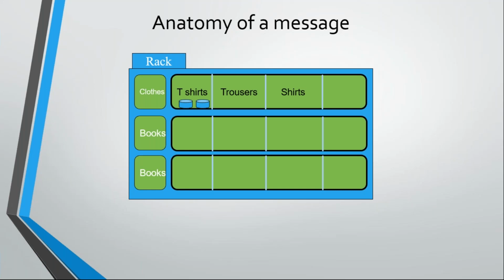So even to understand where we store what, first we need to understand the architecture of that particular rack, right? If we want to know where to store t-shirts and where to store trousers, first we should know the architecture of that particular rack. In the same way, first we will see what the structure of an HL7 message is. Then we will try to understand what data elements are stored at which component of that rack.